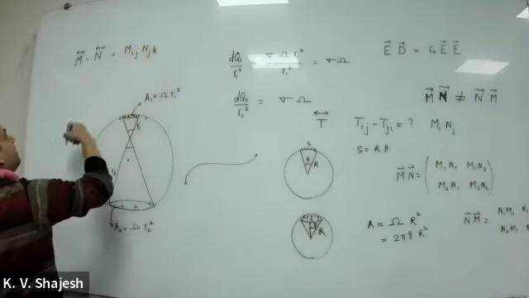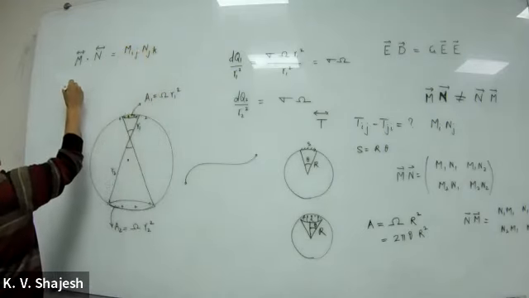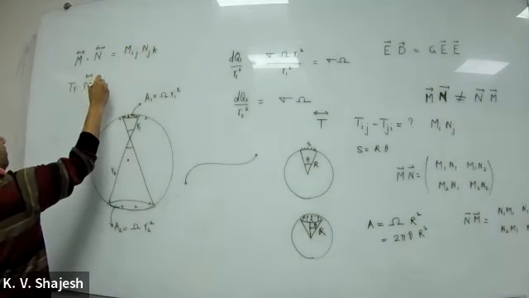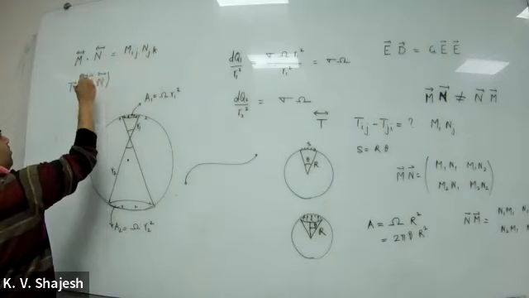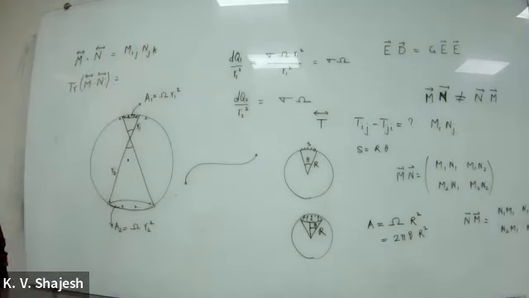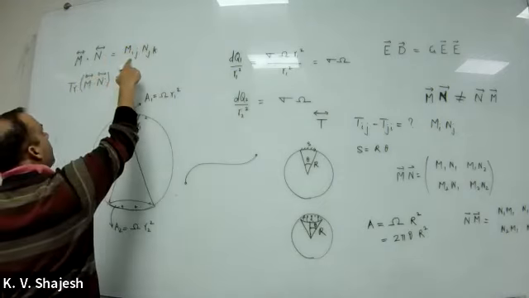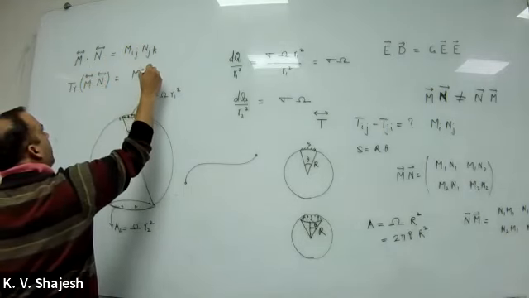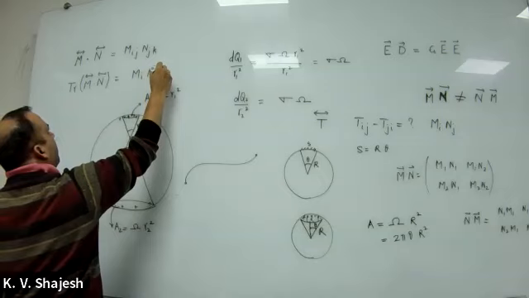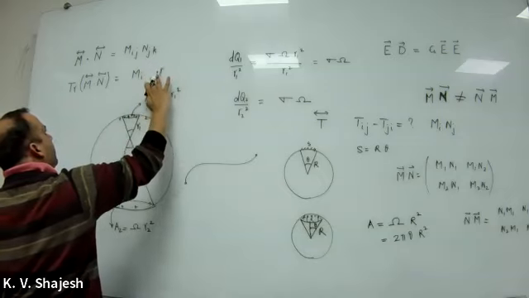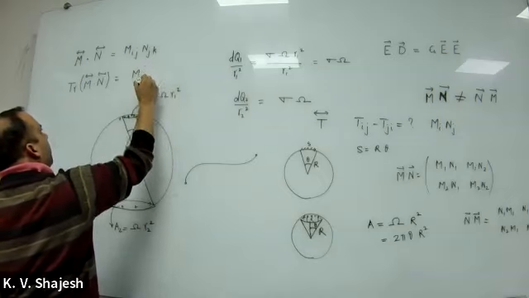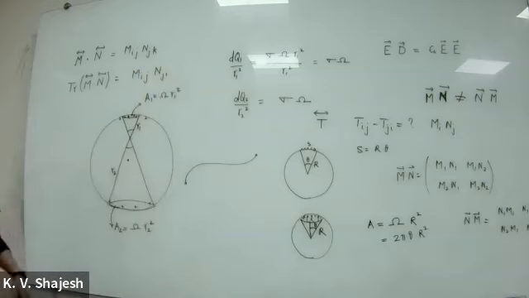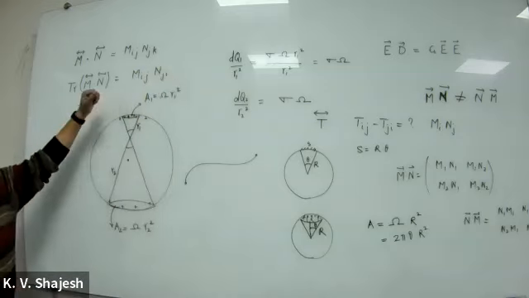But if I write trace of MN, there were some homework problems emphasizing this. This is the same as when you set i equal to k, so M_ij and N_ji. Is this clear?